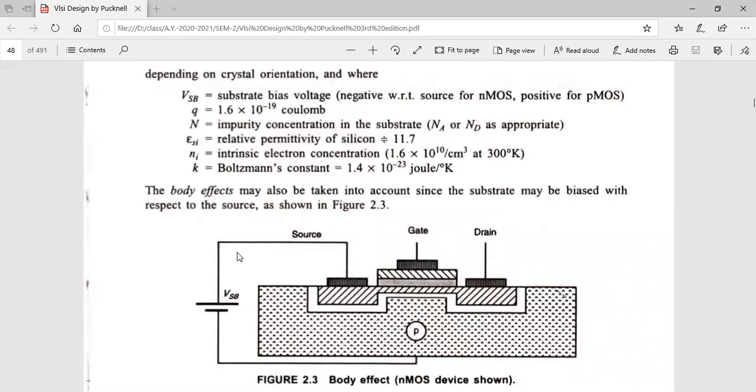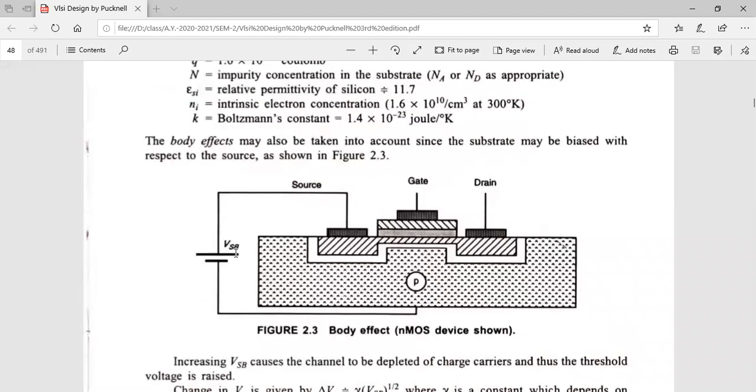So we have a concept called the body effect. So what is this body effect? Body means substrate, right?